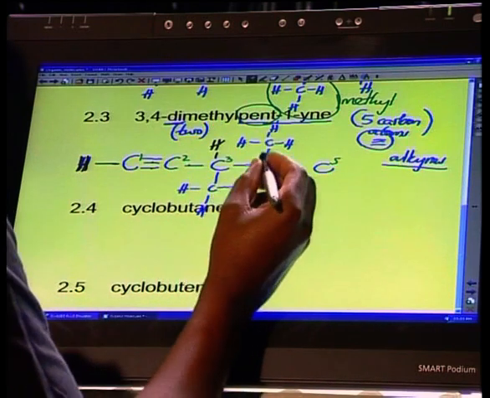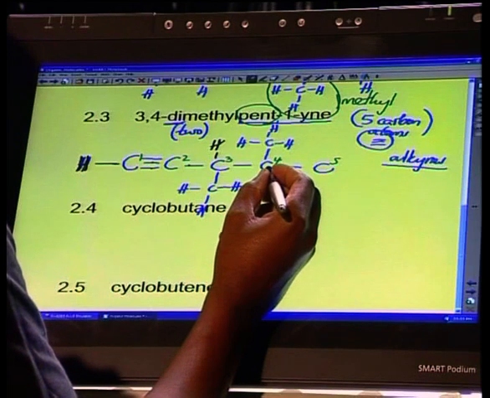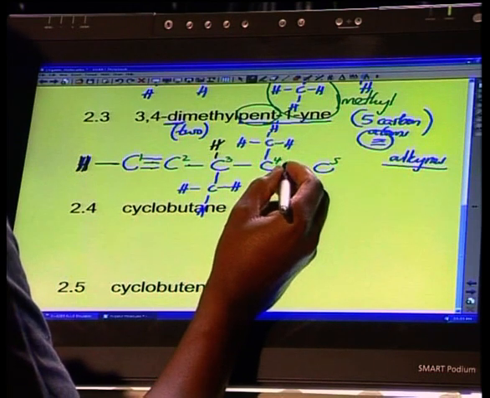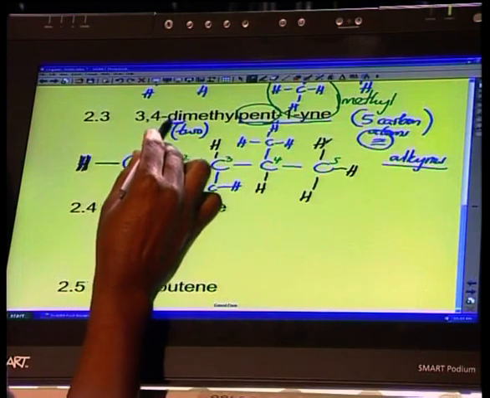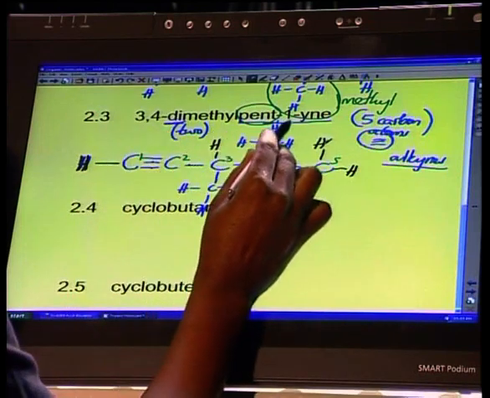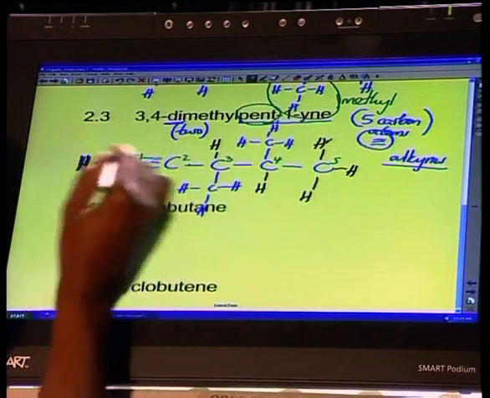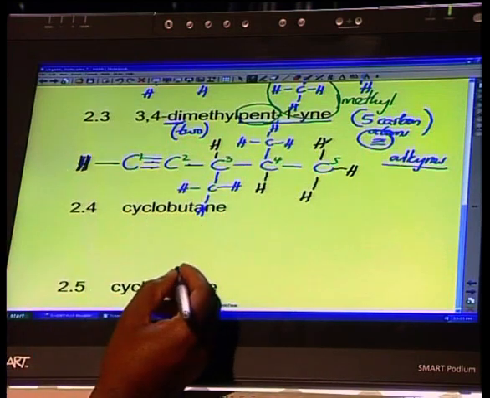Carbon number 4, do we have 4 bonds? 1, 2, 3. No, it means we have another hydrogen that should come in there. The last one, how many bonds? 1. So we need to show the rest. The 3 other bonds are bonded to hydrogen atoms like that. And this is my 3,4-dimethylpent-1-yne. And that is the name of this molecule here.